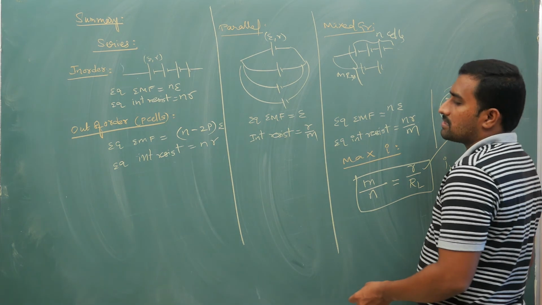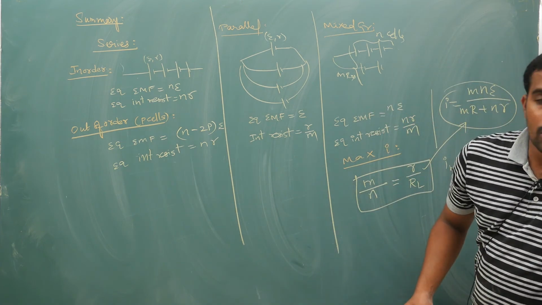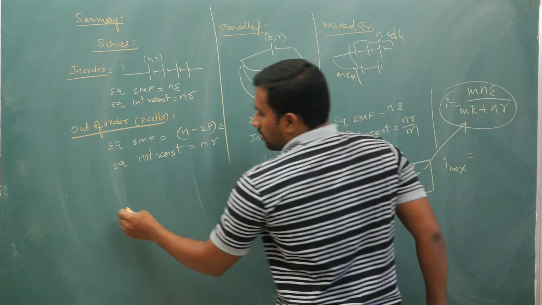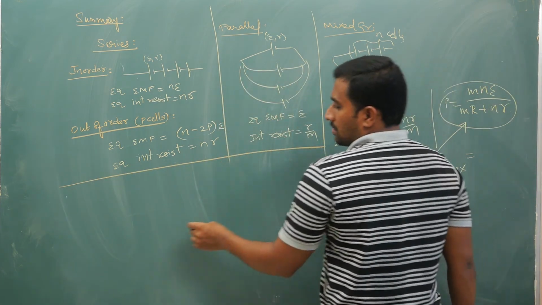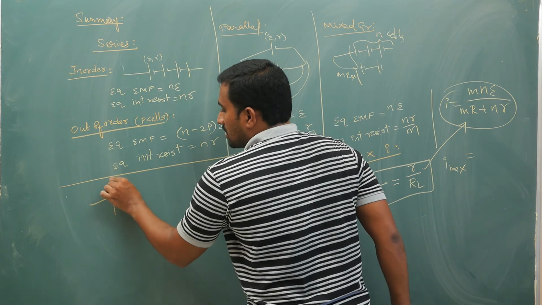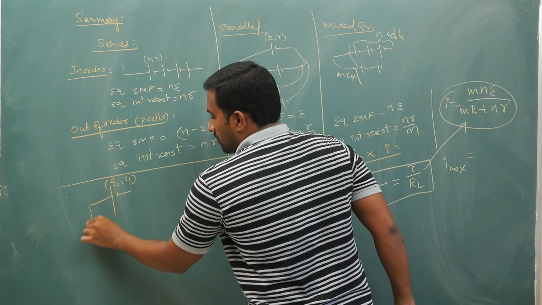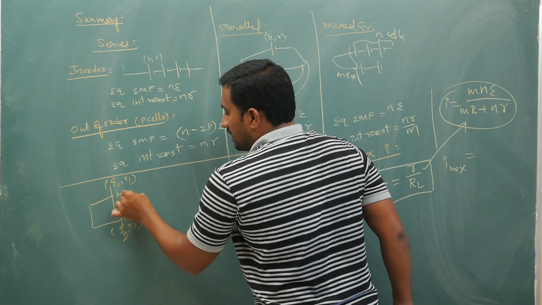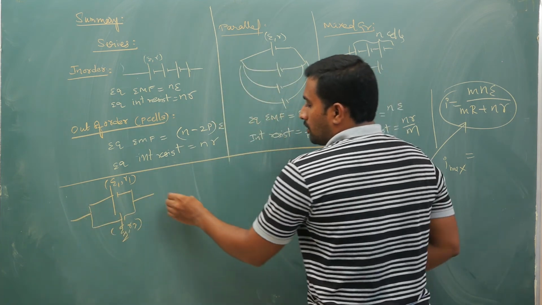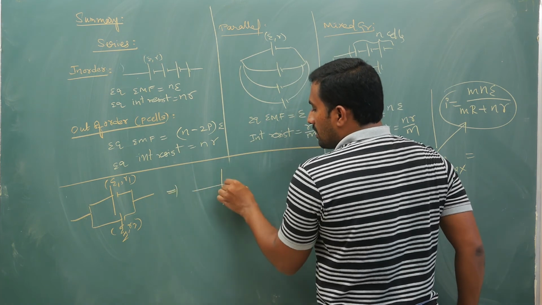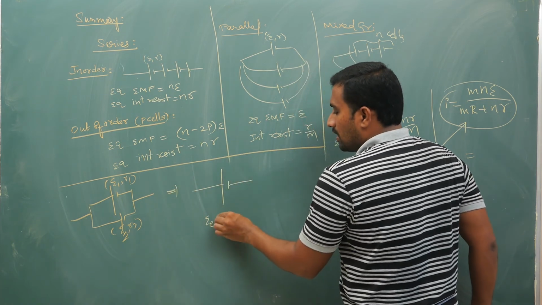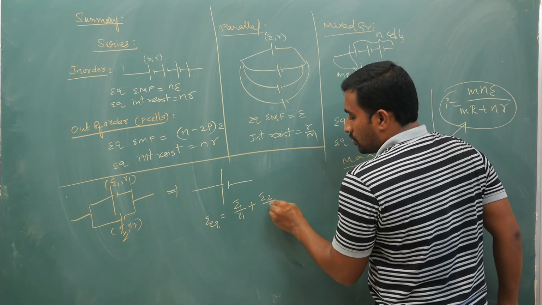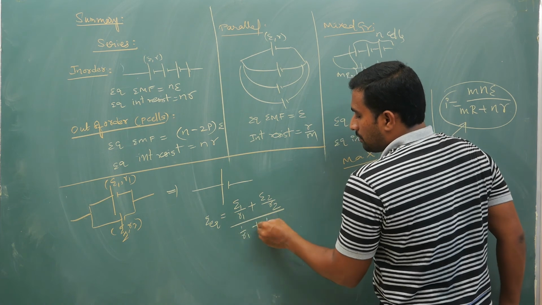Finally, if you have two cells connected with different EMFs, E1 R1 and E2 R2 like this, if they are connected in the same sequence, then you replace with a single cell whose equivalent EMF is (E1 by R1 plus E2 by R2) whole divided by (1 by R1 plus 1 by R2).